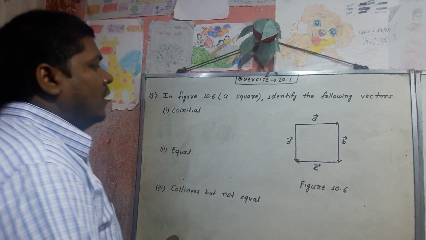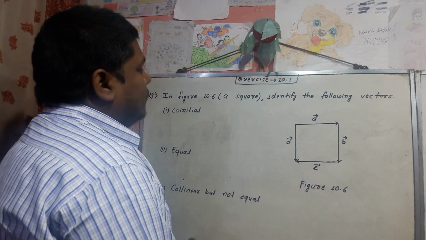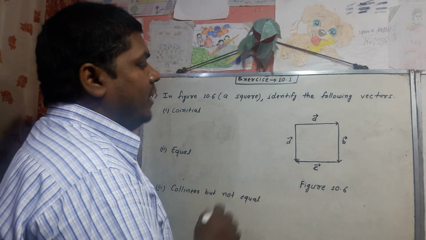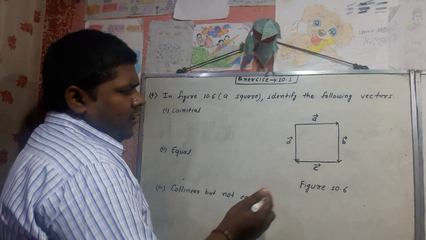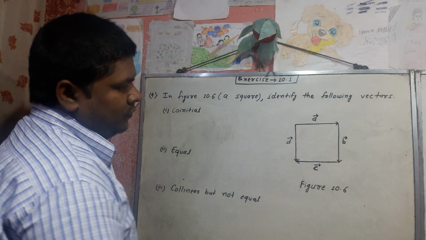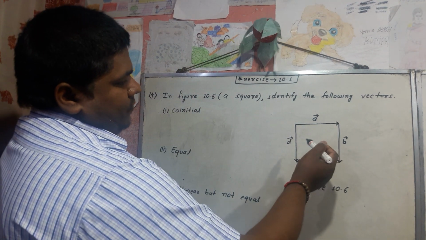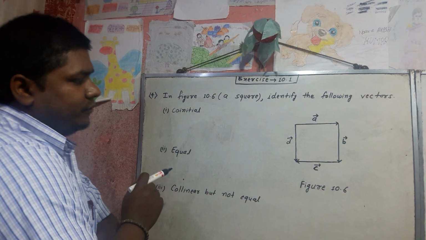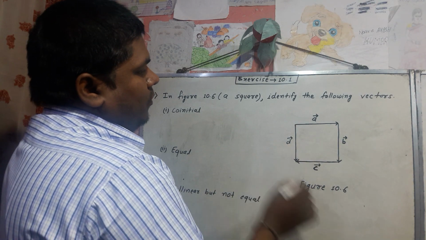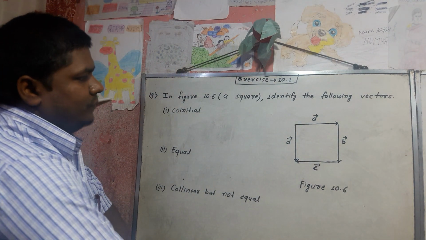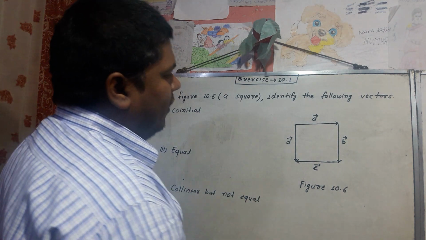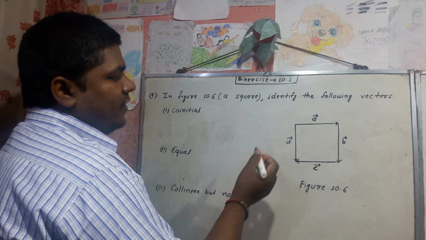We know about a square: that quadrilateral which has four sides equal and also each angle is 90 degree.